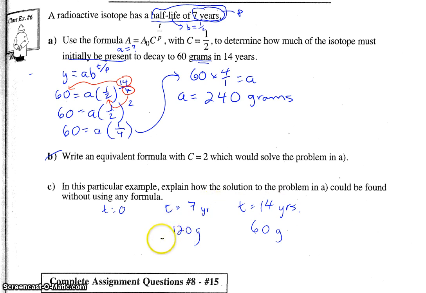And 7 years before that we would have had twice as much again, 240 grams. Do you see how that works? 240, half of it, and half, and that's how half-life works. So every 7 years, in this case, half of the amount of the radioactive isotope was remaining.